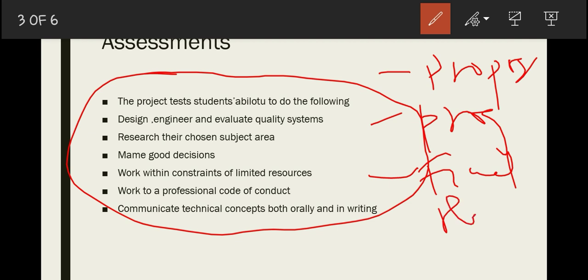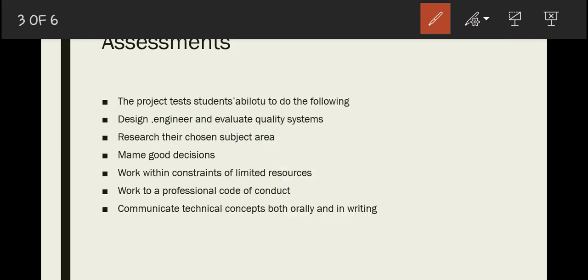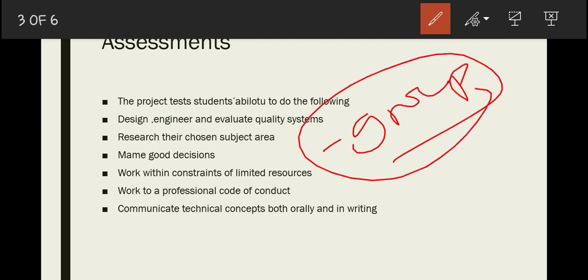And you will have to give an in-person presentation and demonstration of your work. So you have to prepare yourself, because although you are working as a group, you will be assessed individually. You will be assessed on your presentation skills, your demonstration skills, etc.